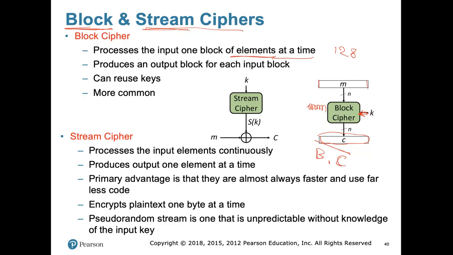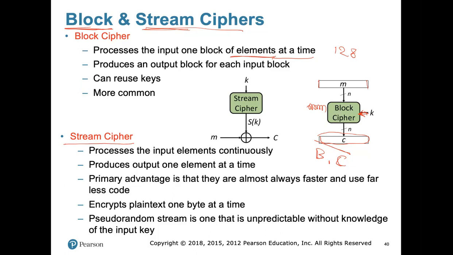Okay. In contrast, we have a stream cipher, in which data comes in a stream. For example, every cycle or every second, 1 byte of data comes, or 1 kilobyte of data comes.